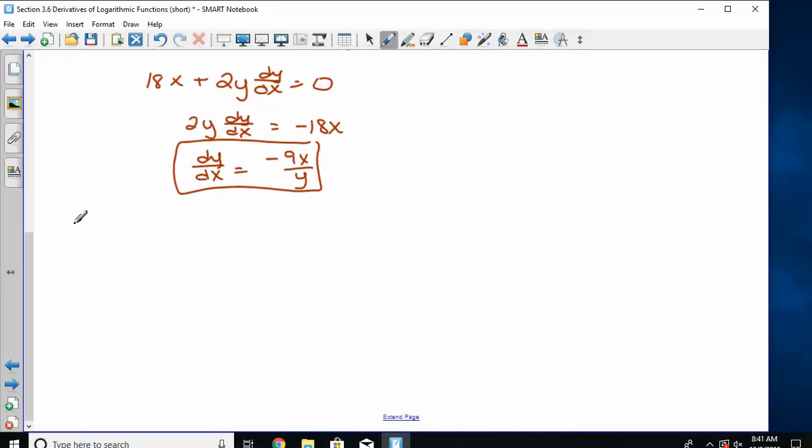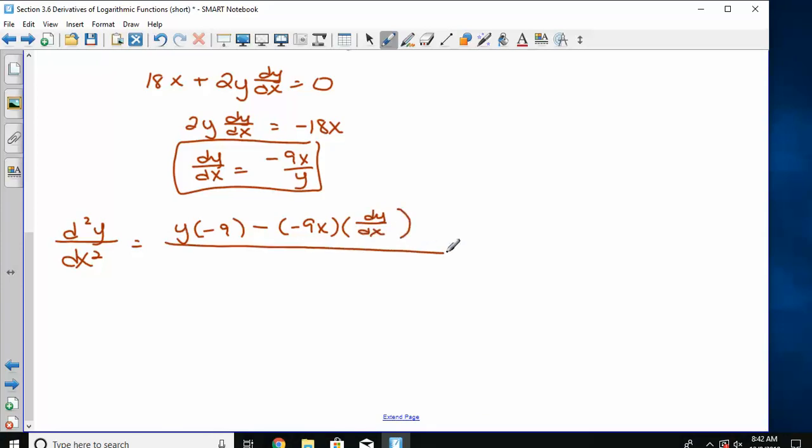Now I need my second derivative. So we're going to do quotient rule. So low d high is negative 9 minus high d low, derivative of y would be dy dx over low squared. We get negative 9y plus 9x, and what am I going to plug in for dy dx?